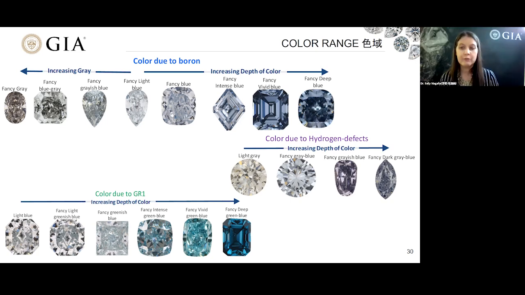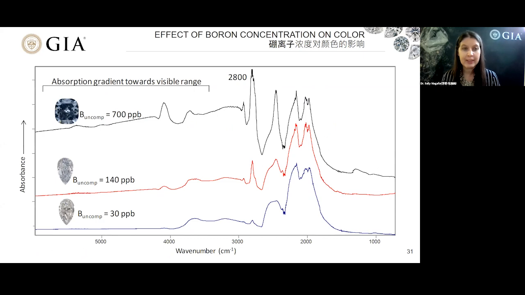This slide shows infrared absorption spectra for 3 type 2B diamonds. They all show that characteristic absorption related to 2800 wave numbers.